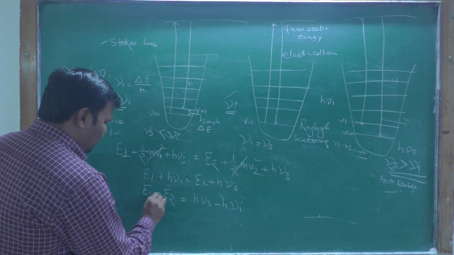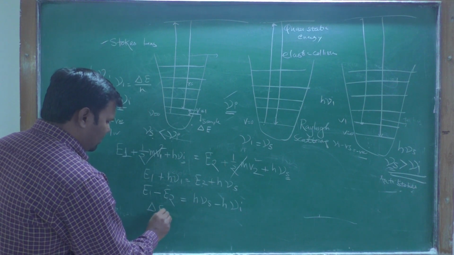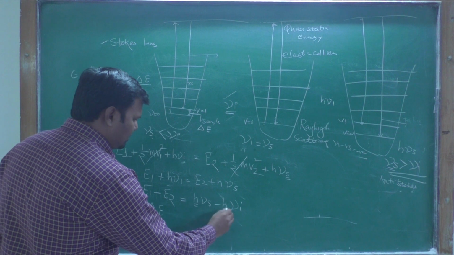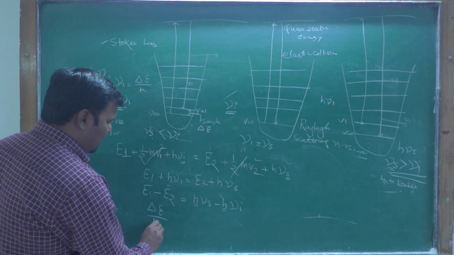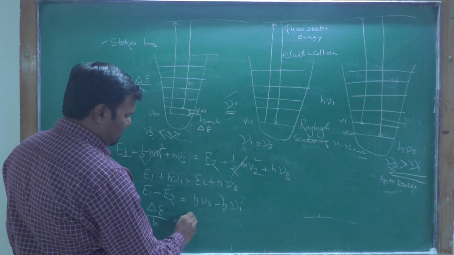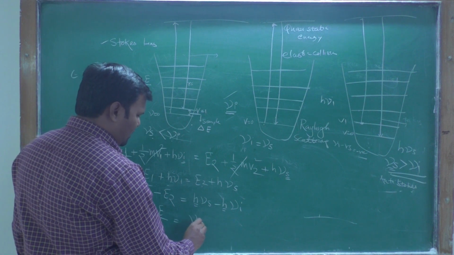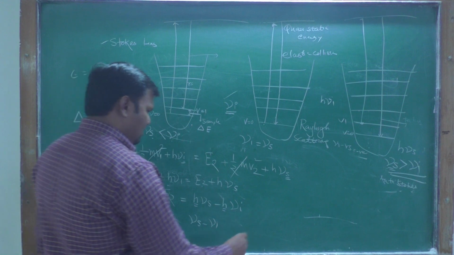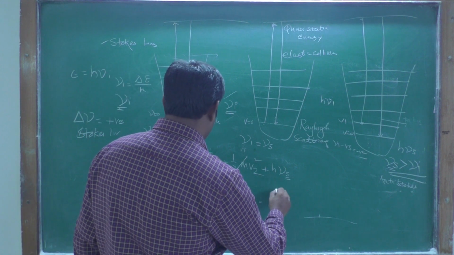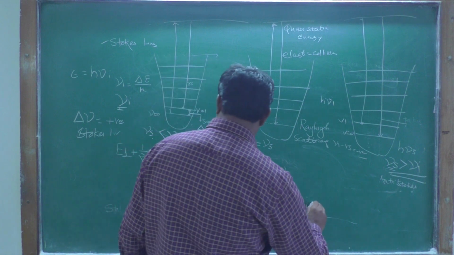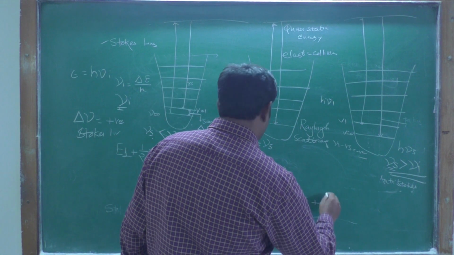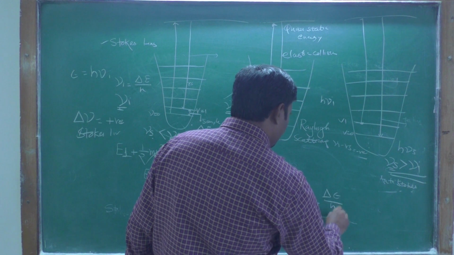Then E1 minus E2 means the change in energy, delta E. The same quantity h we take outside, and delta E upon h is equal to mu S minus mu I. Therefore, mu S is equal to mu I plus delta E upon h.